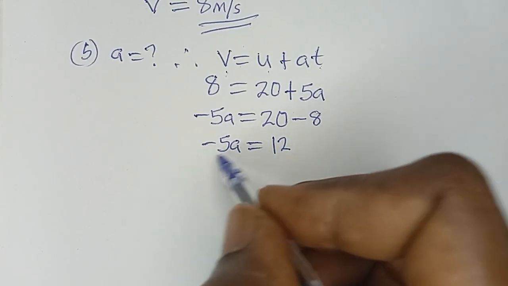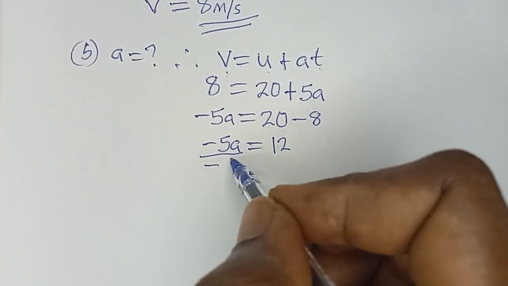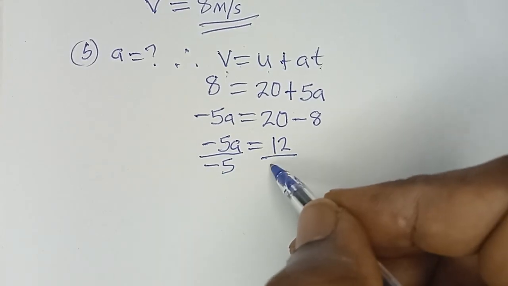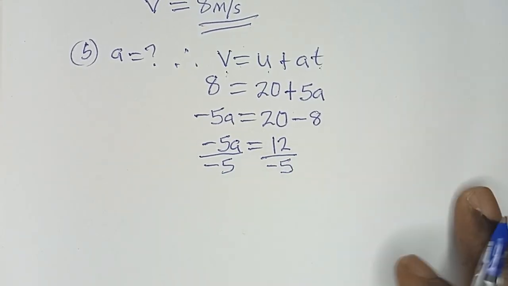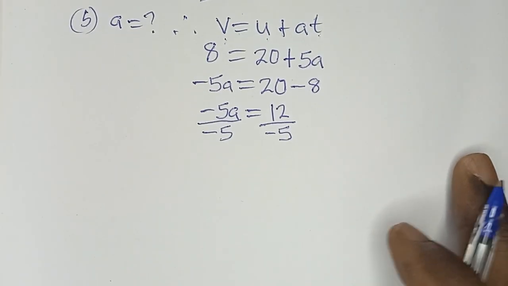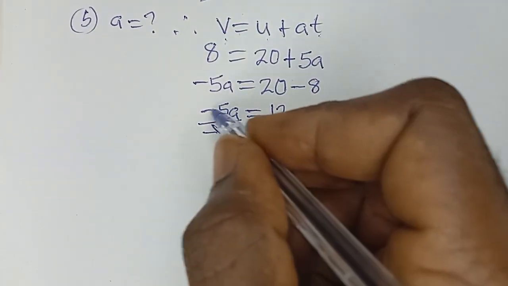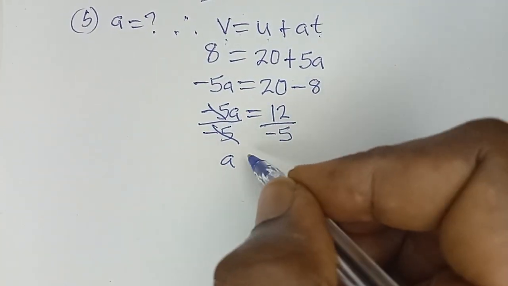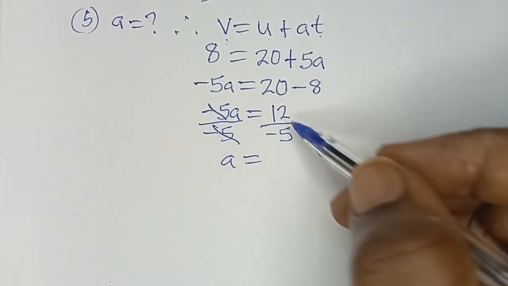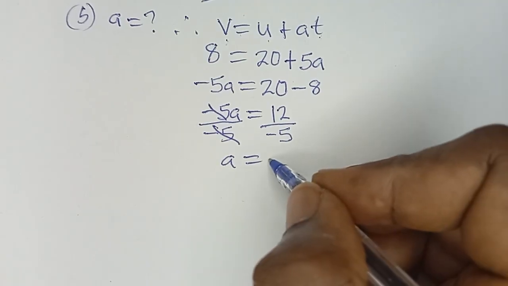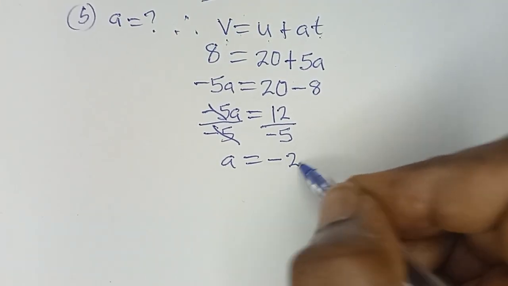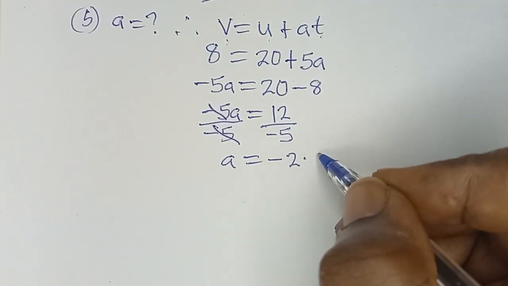So to find the value of A, I simply divide both sides by negative 5. This will cancel this, so I have A will be equal to 12 divided by negative 5, which gives me negative 2.4.